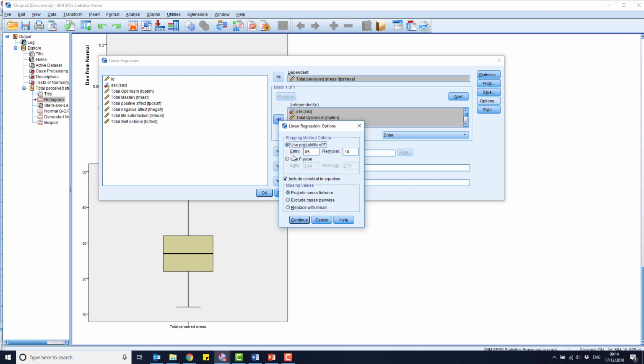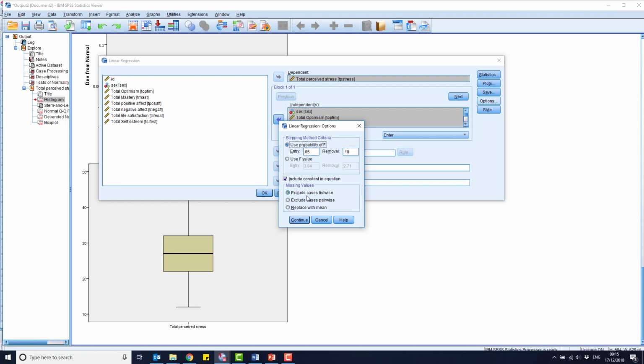So here we're not using a stepping method, but that would be important if we're looking at stepwise regression and things like that. By default, you'd usually use these, so a 0.05 entry and a 0.1 alpha level removal. I want a constant included in the equation, so I'm going to leave that box ticked.